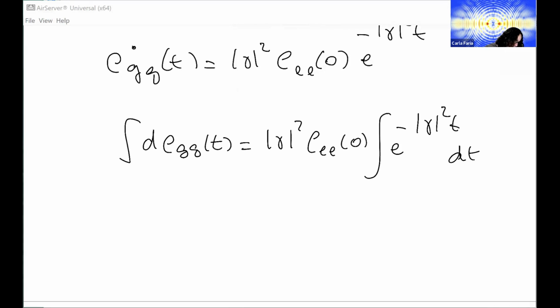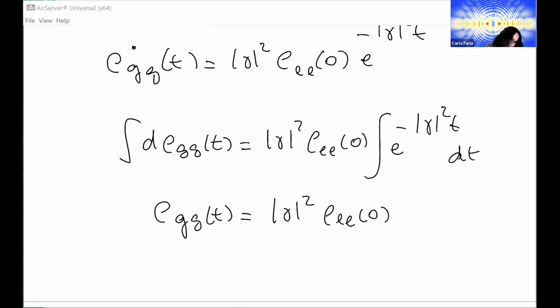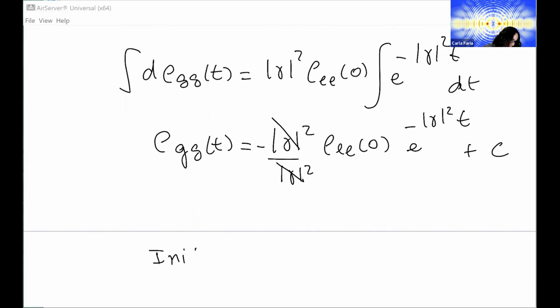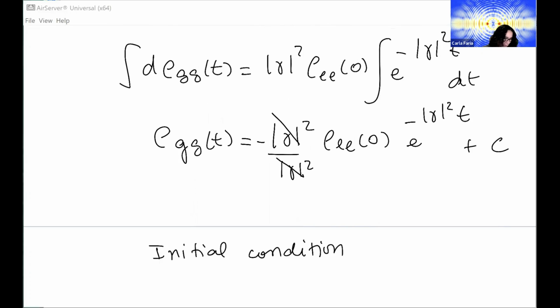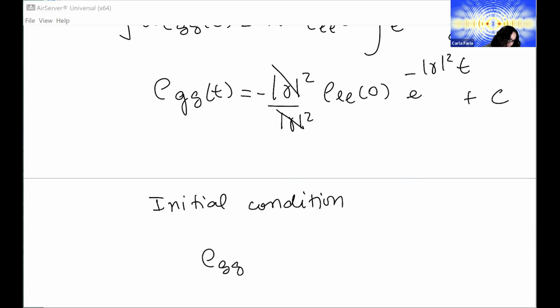Okay, so we have then rho_GG(t) is gamma squared rho_EE(0). Now this is going to give me 1 over modulus squared of gamma. This is going to cancel out, and I keep this guy, plus some arbitrary constant, we don't know. Now we know the initial condition, right? We know that initially rho_GG is equal to 0 because everything is in the excited state.